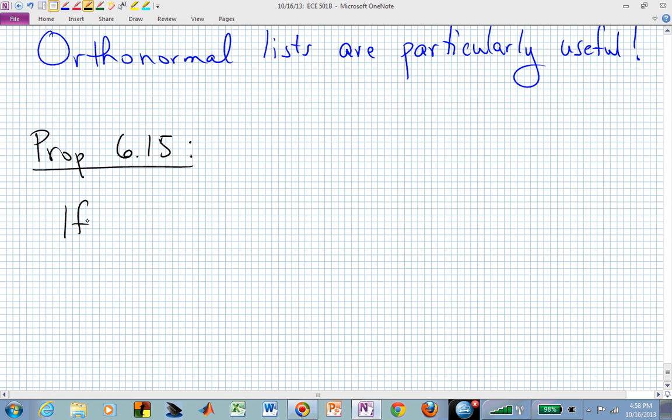Suppose we have a list of orthonormal vectors. We're going to call those E1, E2, up to E sub m.